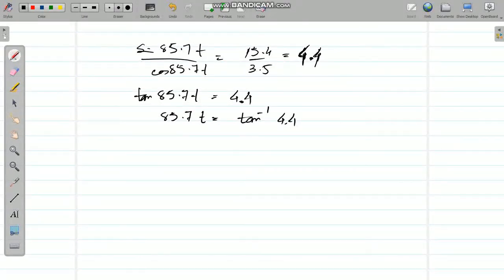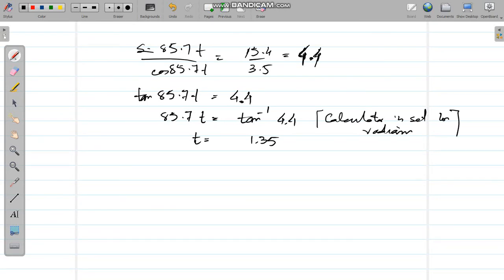So just take tan inverse of 4.4. You get 1.35, provided your calculator is set to radians.